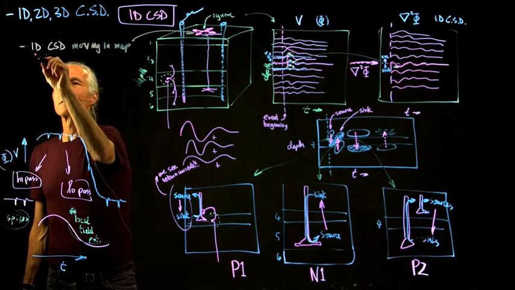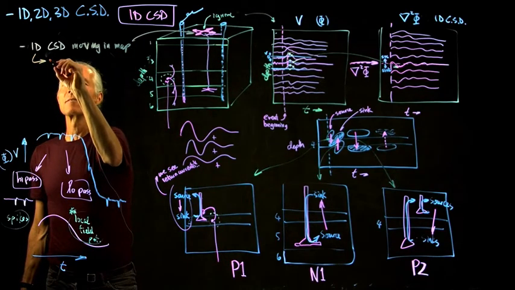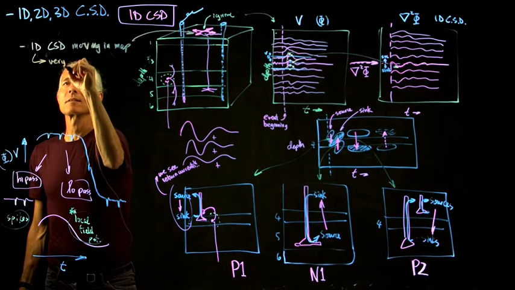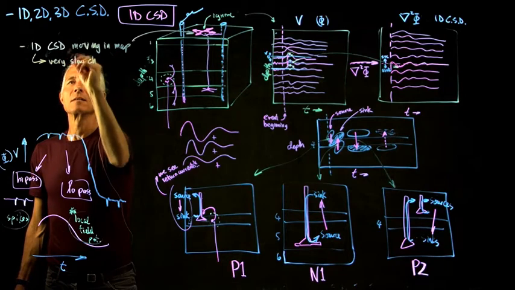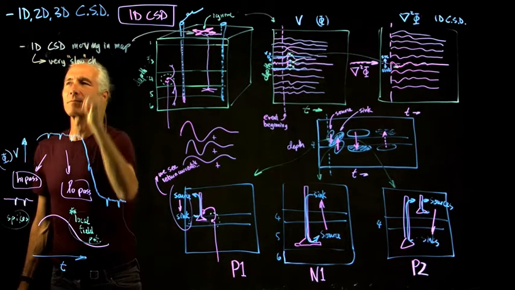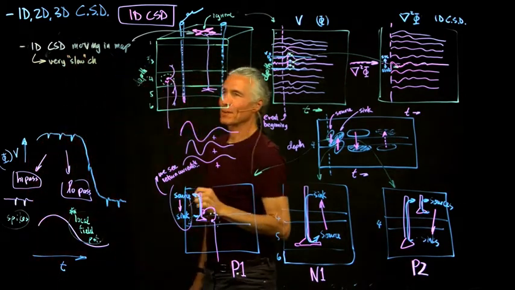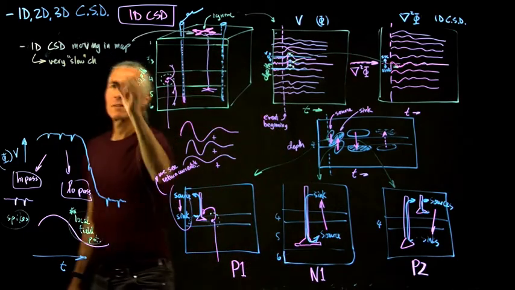So the result here is that very slow change. So slow meaning like if we move a millimeter, not much happens. So very slow change in 1D CSD.